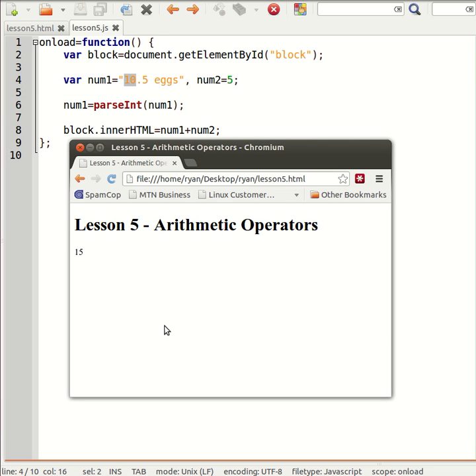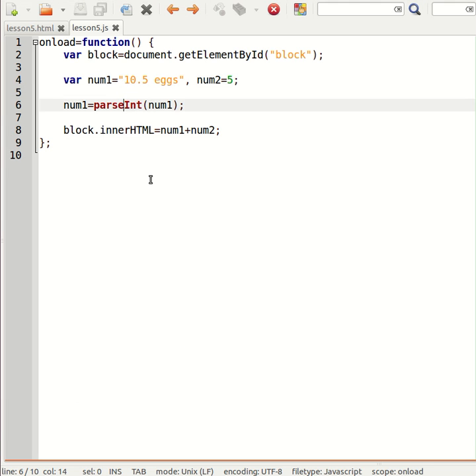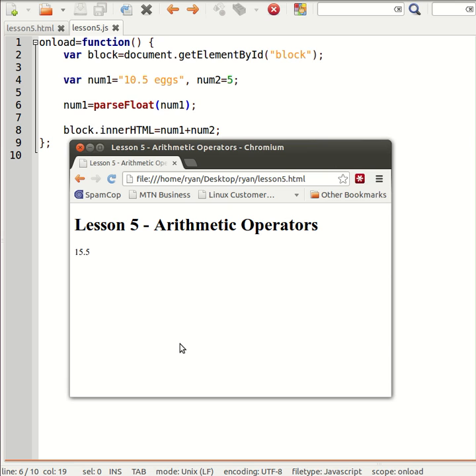I'd still end up with the same answer. If however I used parseFloat, I would actually be able to get the floating point value. So it would come back with 10.5, and then it would add 10.5 plus 5, giving me an answer of 15.5. So remember these two functions, very useful, parseInt and parseFloat.